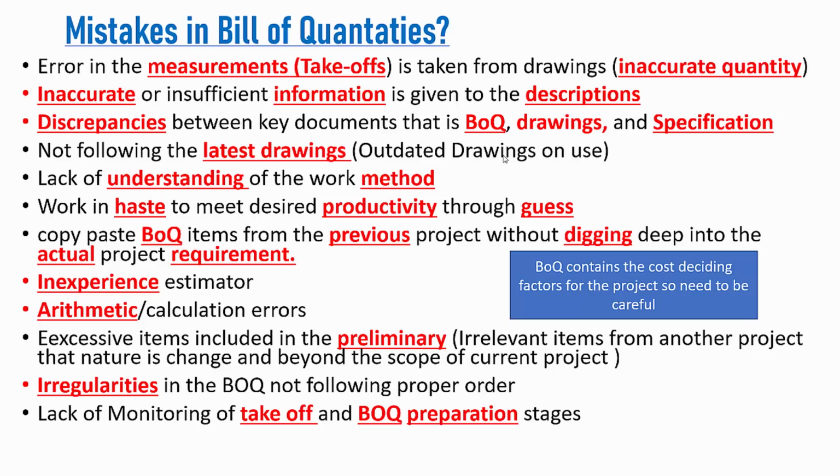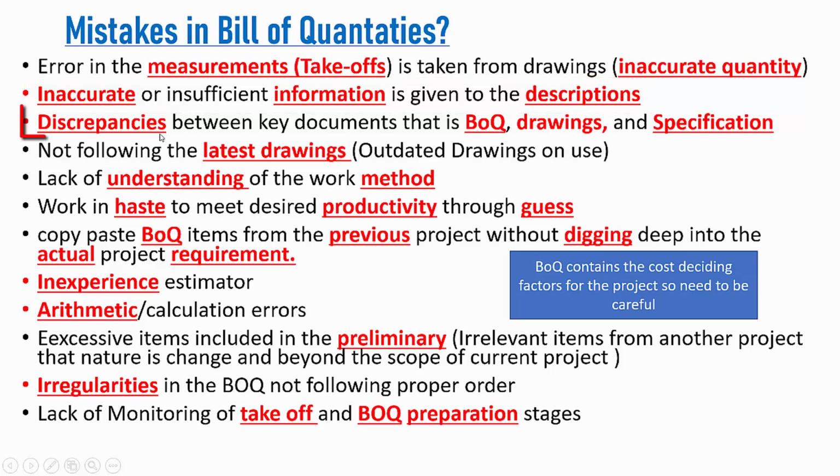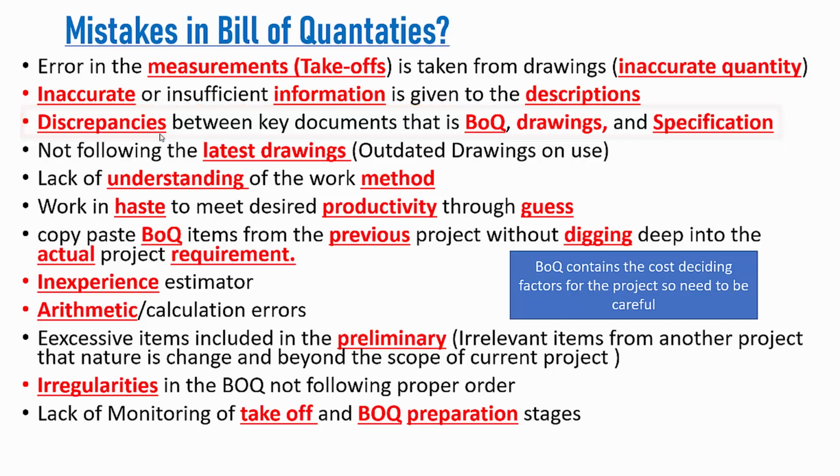Okay, so to avoid this mistake, you need to make sure that this description is fully available in the bill of quantities. The third point is discrepancies between key documents, that is BOQ, drawings, and specifications. As quantity surveyors, these three documents are very holy for you.